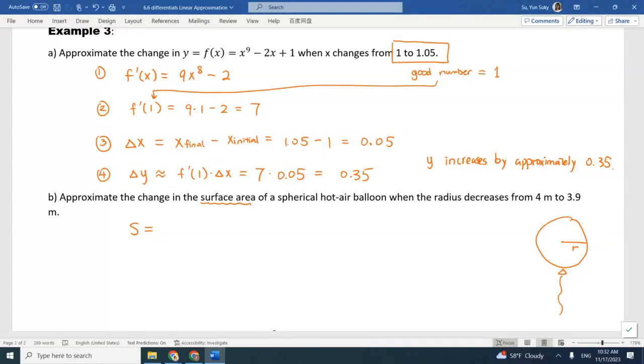So for the sphere, we have volume and surface area. Yeah, so surface area is 4 pi r squared. And even though here I don't ask you to find the volume, but volume is 4 over 3 pi r cubed.